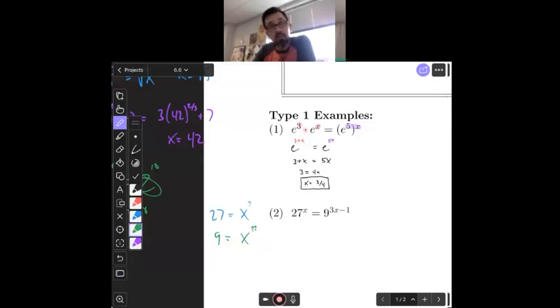How do I write 27 as a power of some other number? Or how do I write 9 as a power of some other number? Colby, could you write 27 or 9 as a power of some other number? Maddie, could you write 27 or 9 as a power of some other number?